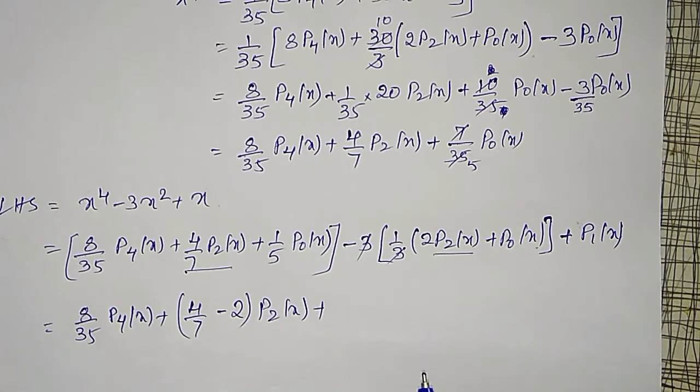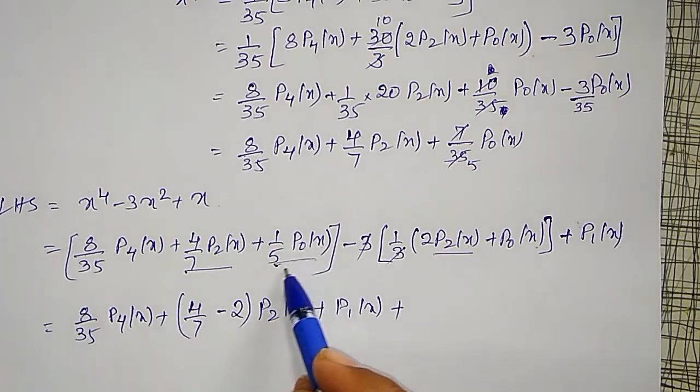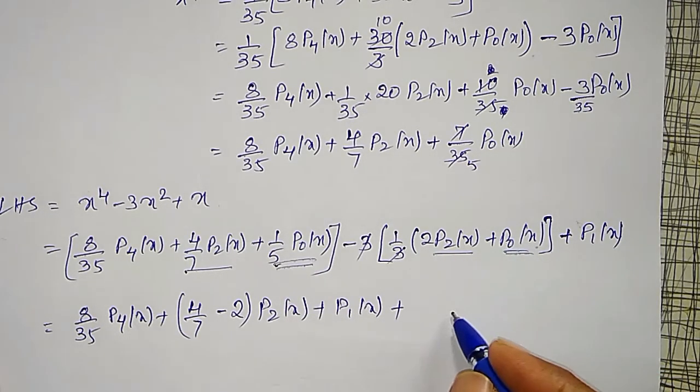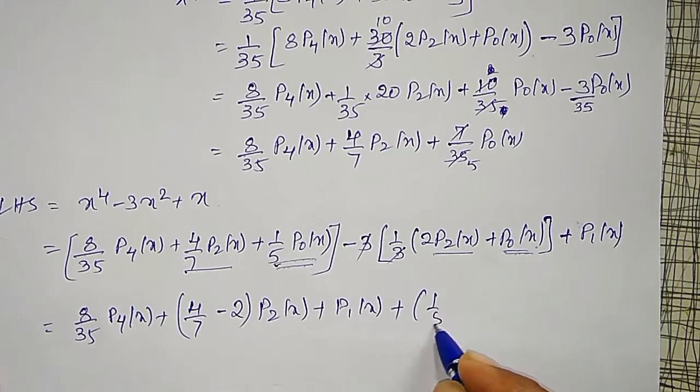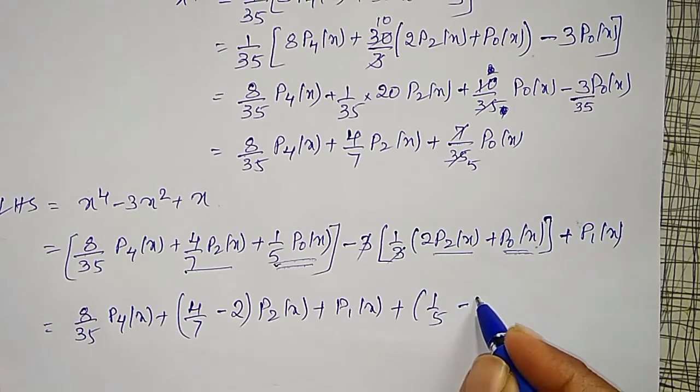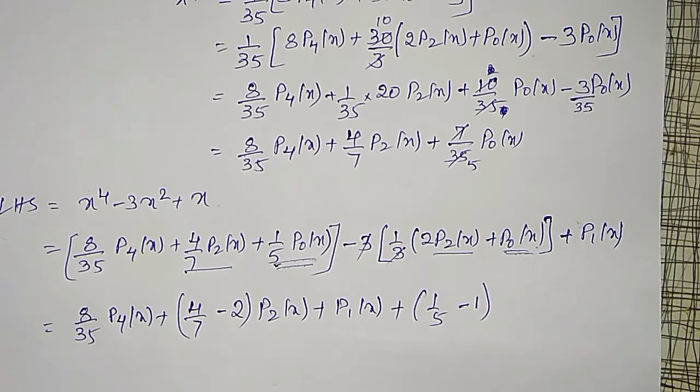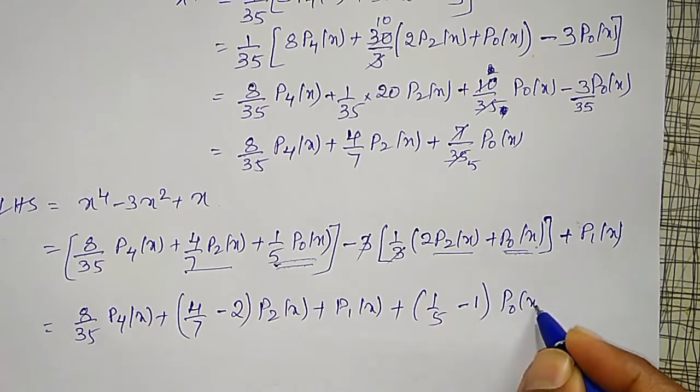Then P1 of x, only one term, plus P1 of x. P naught of x contains two terms, that is 1 by 5 minus 1 into P naught of x.